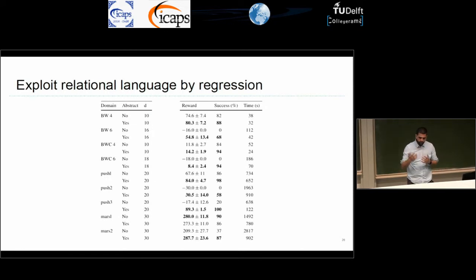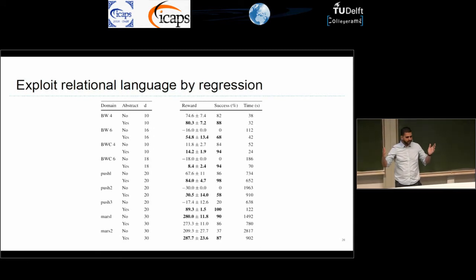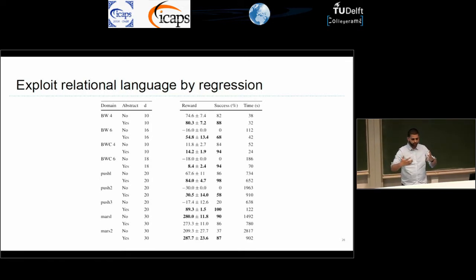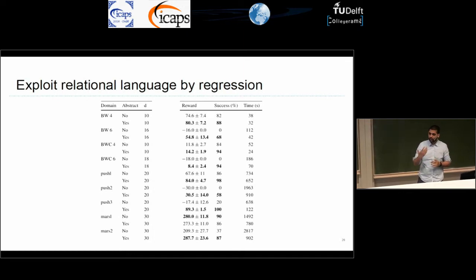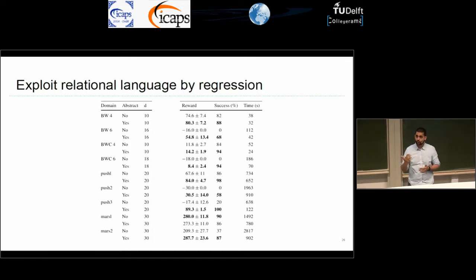And we were also able to see that you can scale up the number of objects in your domain arbitrarily. The key benefit of using a first-order representation is that you don't have to instantiate the variables for all the domain elements. So what we often see is that as you increase the domain size, by regression, we're able to constrain the amount of time it takes while still getting substantially good rewards as opposed to the ground planner.